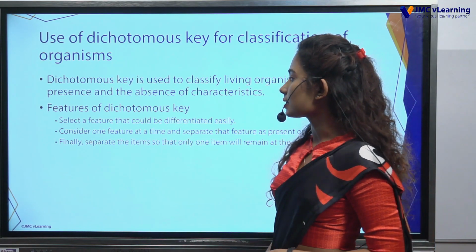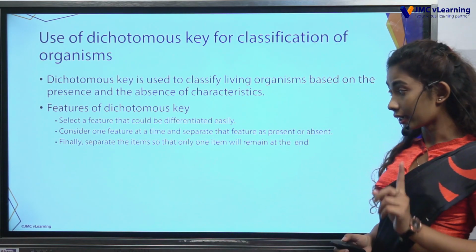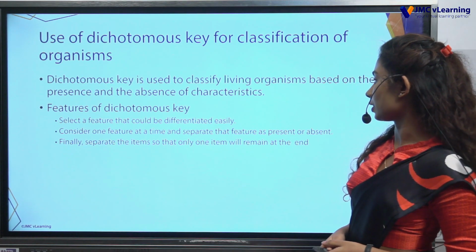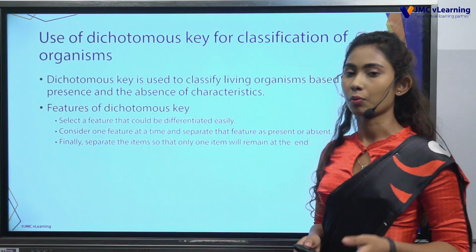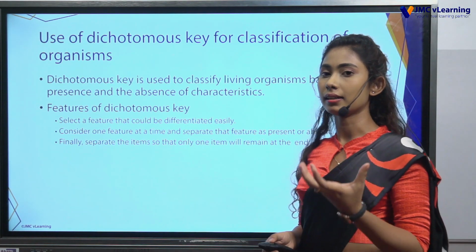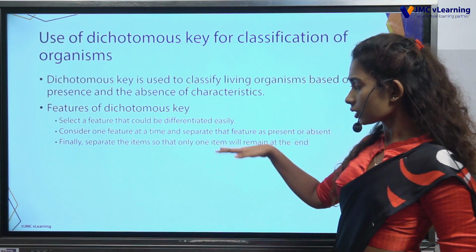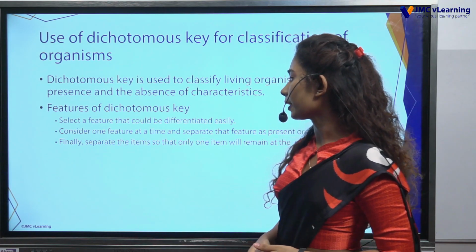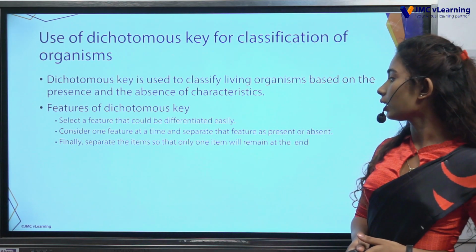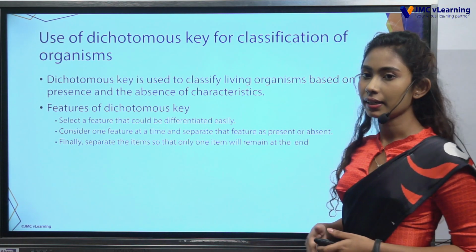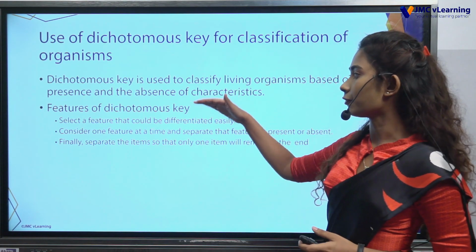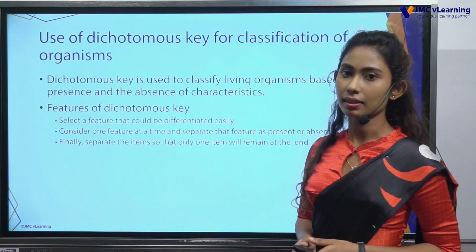The next thing, consider one feature at a time and separate it as present or absent, like without a leg or with a leg. The final thing, separate the items so that only one item remains in the end. These are the features of a dichotomous key.